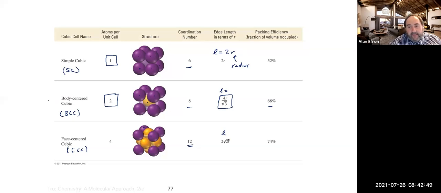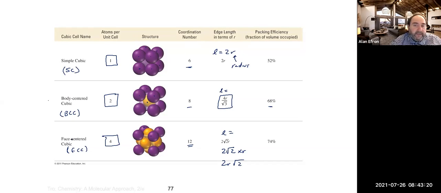The length here is 2 times the square root of 2, times r. The r is not underneath the square root, even though it kind of looks like it is; sometimes people say 2r square root of 2. So the r is actually not part of the square root for the length, and we'll see a better shot of it. It does have 4 atoms involved on face-centered.